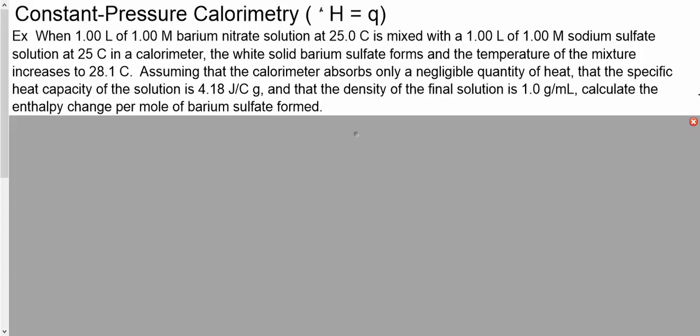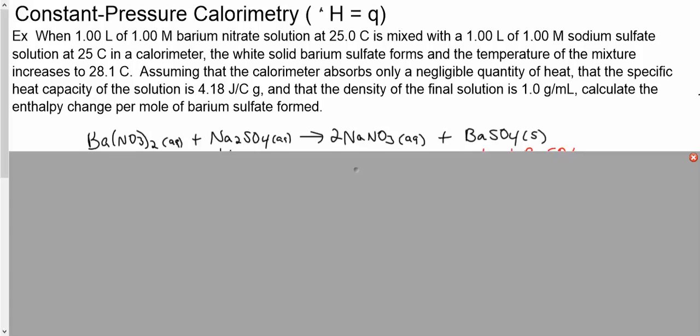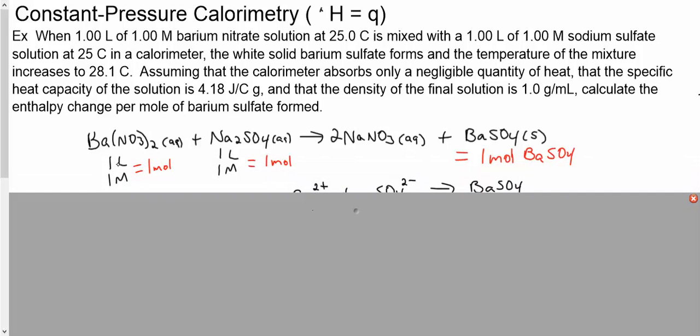barium sulfate formed. I've written the equation here, barium nitrate plus sodium sulfate. We're told that barium sulfate solid forms and sodium nitrate is the other product. We are given in the problem that we have 1 liter of 1 molar barium nitrate solution.